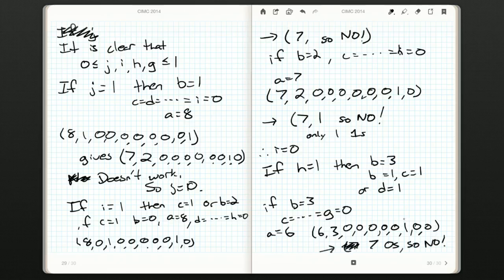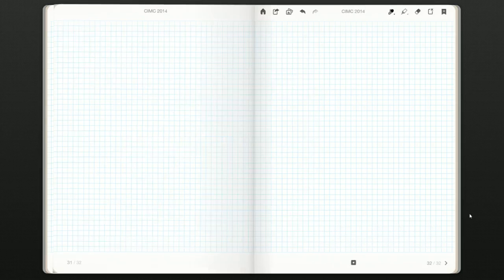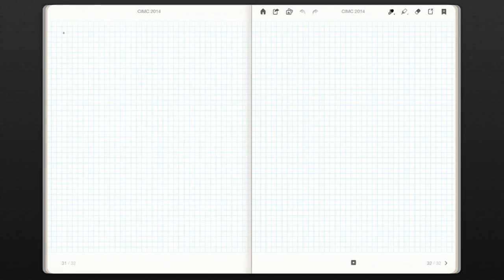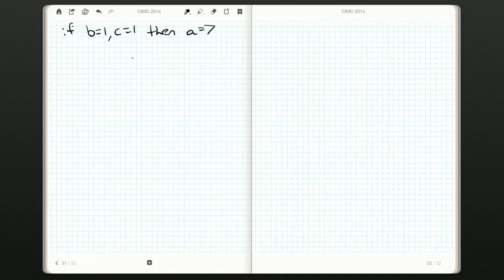All right, so what's our next case? B equals 1, C equals 1, and H equals 1. So that's another A equals 7.